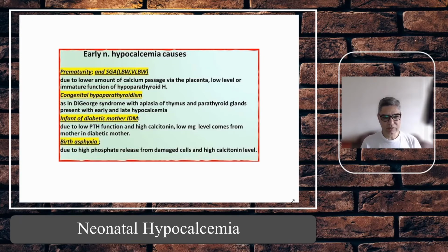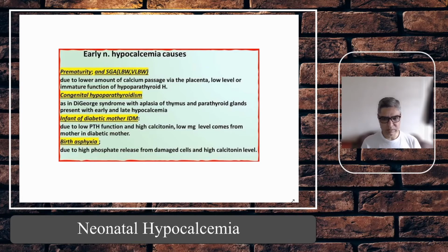Then the third reason is infants of diabetic mothers. If the mother has a history of diabetes, then these babies are more predisposed to early onset neonatal hypocalcemia, because of low parathormone function and high levels of calcitonin, which can also be coupled with low magnesium levels coming from the diabetic mother. And the fourth reason is birth asphyxia.